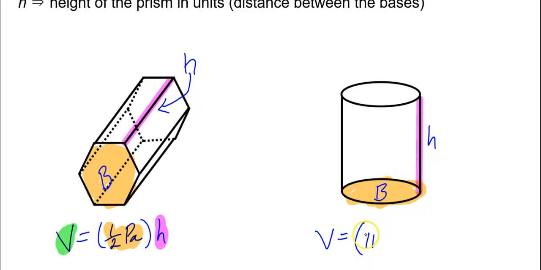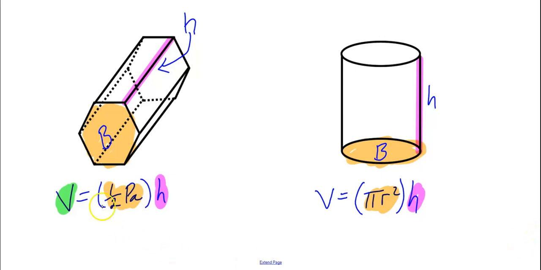So the area of a circle is pi r squared, times the height of the cylinder. So pi r squared gives me big B. h is the distance between the circles. So that's how we would find the volume of a hexagonal prism and of a cylinder.